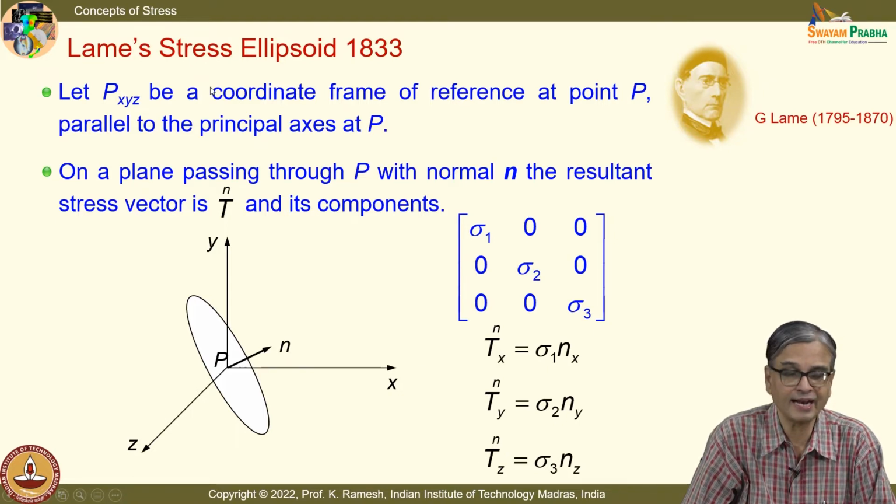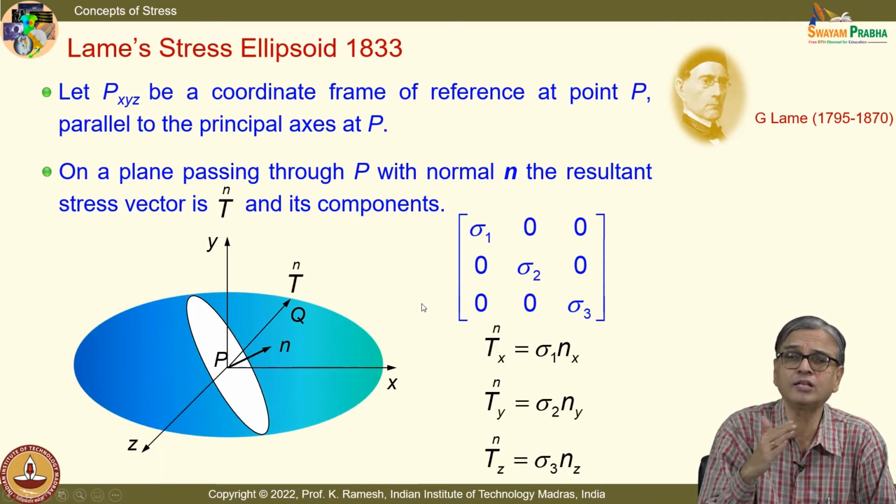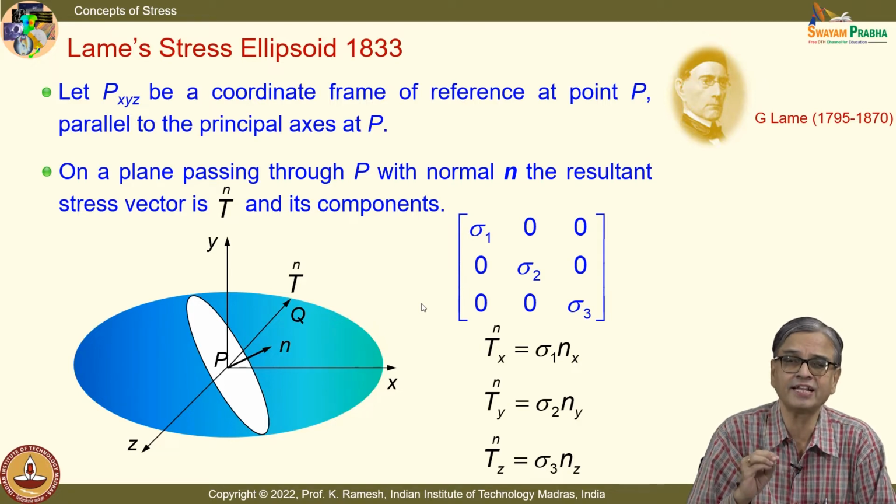This graphical representation is credited to the scientist Lamy. So, you have the plane, on this plane you have the stress vector, and when you plot it for all the possible infinite planes, in general it takes the shape of an ellipsoid.